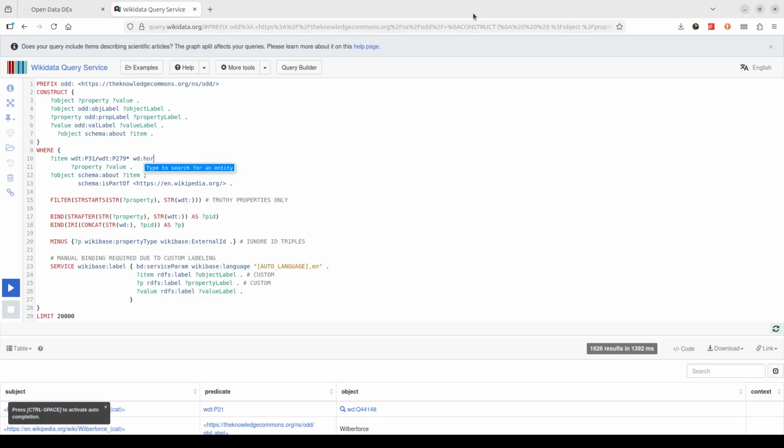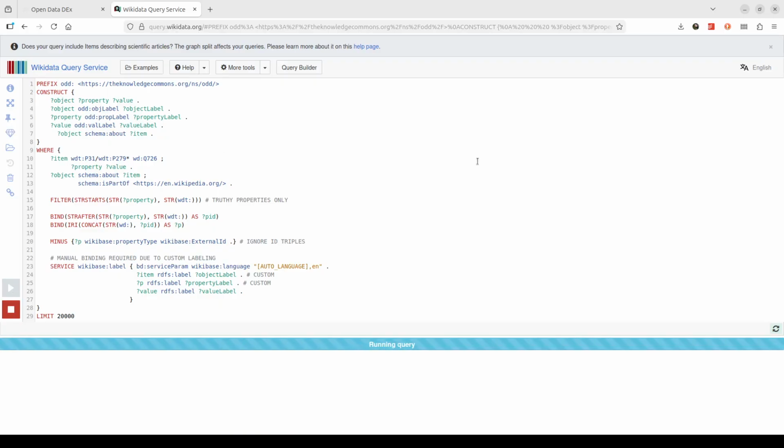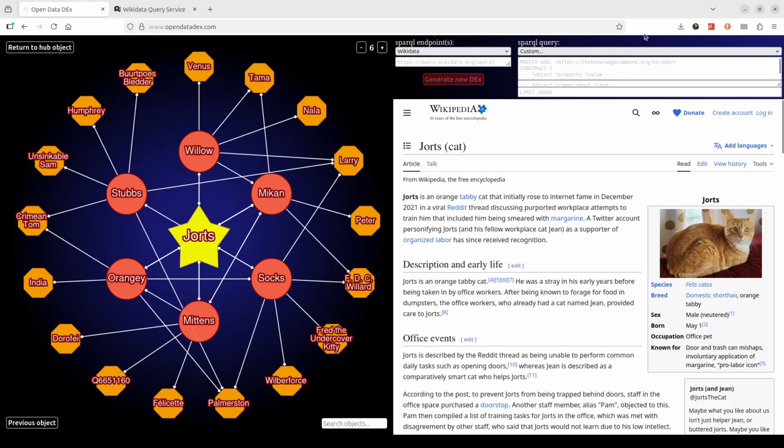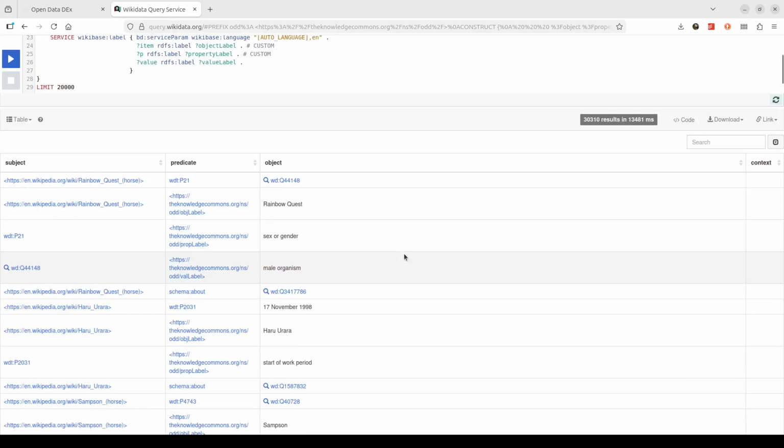One interesting thing is if you do horse. If we were to look for horse and we want all famous instances of horses, it's surprising, this query is actually going to take a really long time because there is a ton of data on horses. And actually, this query is likely to fail in the app just because of how big this result set is, over 30,000 results.